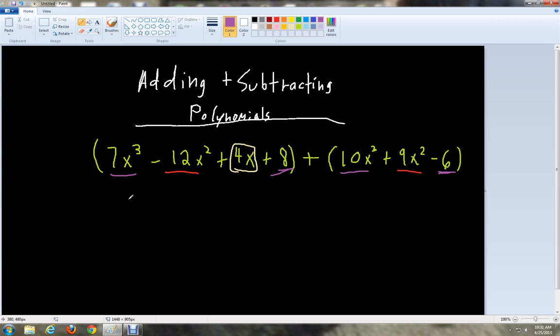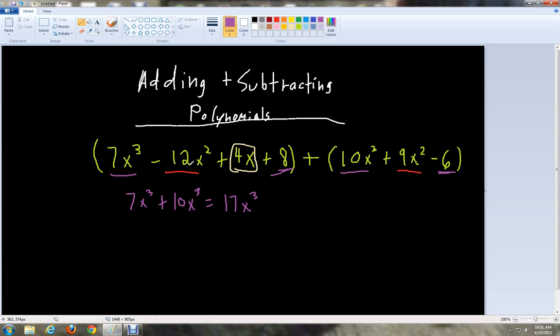So let's do that. We'll have 7x cubed plus 10x cubed. So that equals 7 plus 10 is 17x cubed.